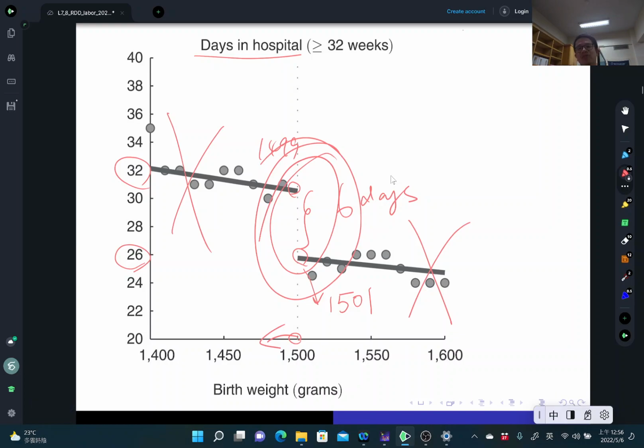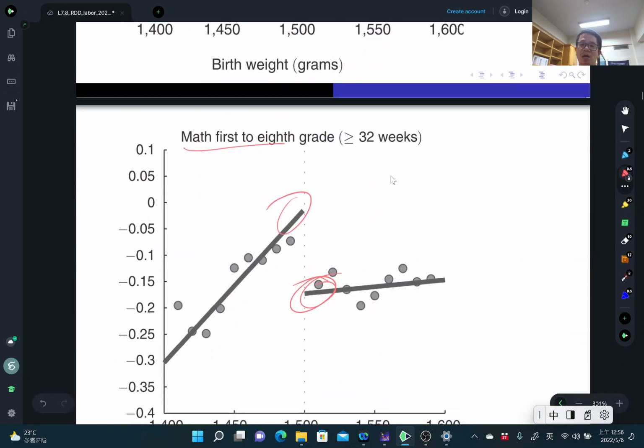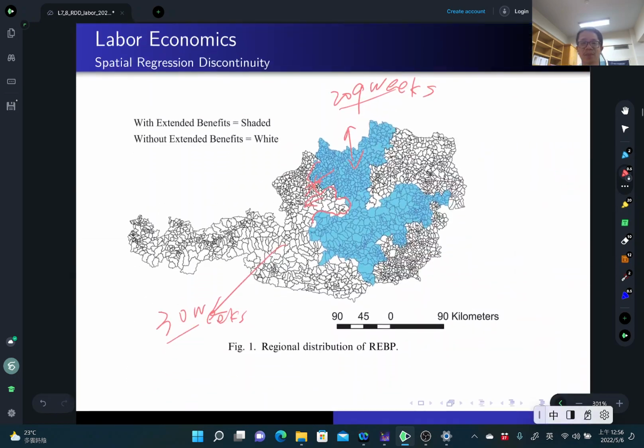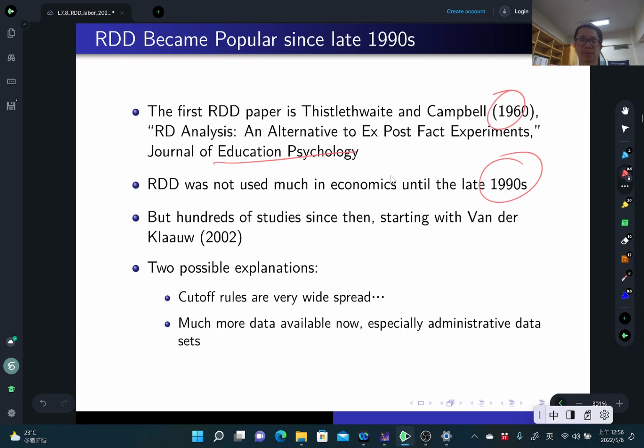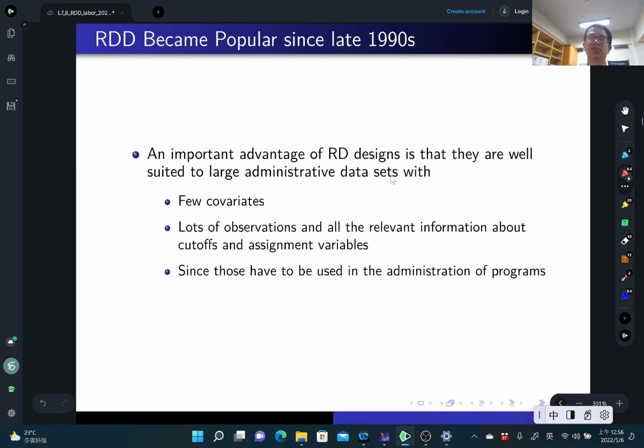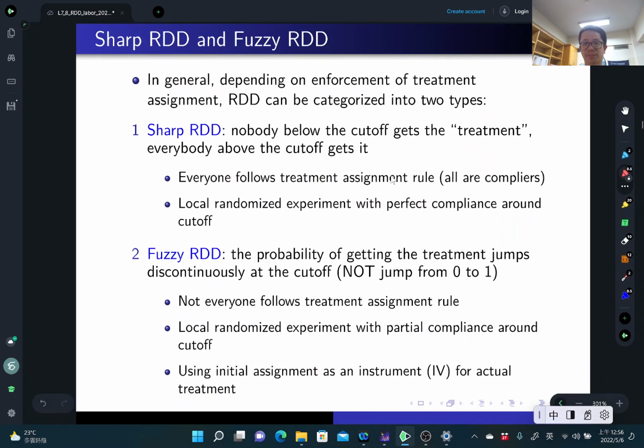So even though we have a lot of sample, we just use the sample very close to the birth weight cutoff. That means we need population-level data. Otherwise, we cannot really implement an RD design. And such data has become available during the past two decades.